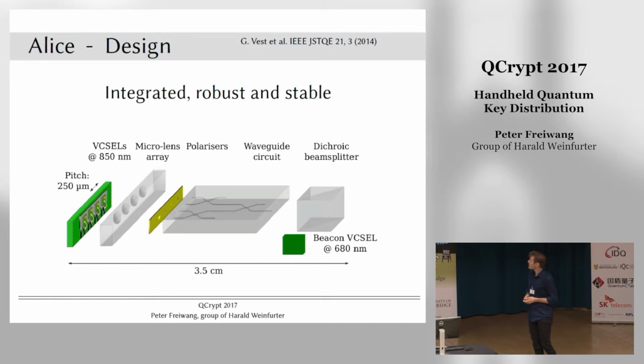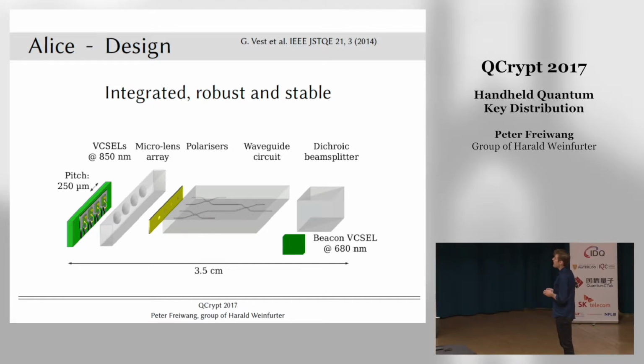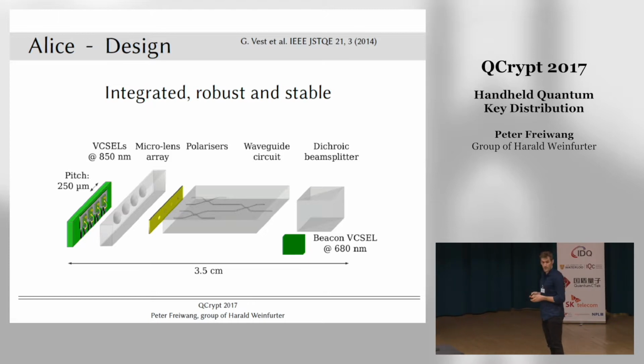And this is our approach. For the sender device, we wanted to keep it as simple as possible, and therefore we chose the polarization encoded BB84 protocol. As a laser source we have 4 VCSELs in array form, as you can buy it, with a pitch of 250 microns, followed by a microlens array in order to focus the light coming from the diodes, then a homemade polarizer array in order to set the polarization states.